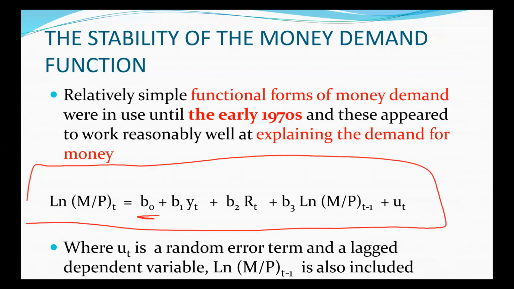So you have the beta node, the constant, and you have the data on income. This is money demand, the one that is being influenced.